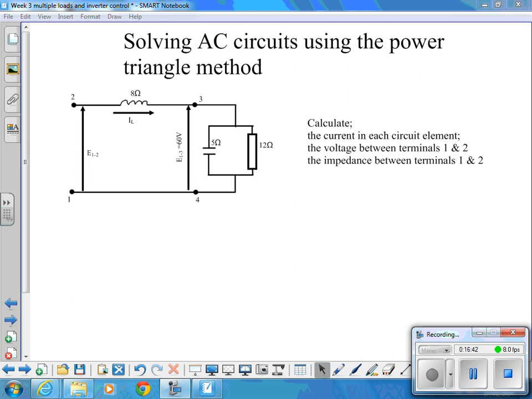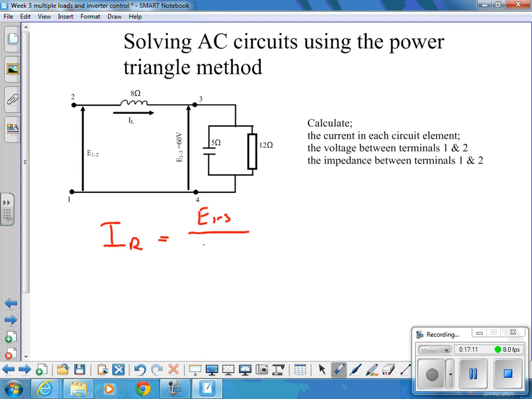Yeah, you can. In fact, immediately you can calculate two currents, can't you? Which are? How do we calculate IR? Yeah, it's that voltage, E13, that's the voltage across it, isn't it?